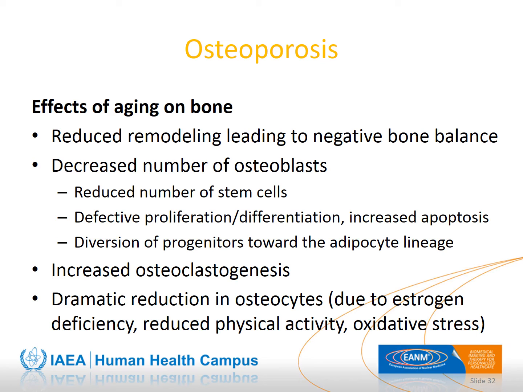In contrast, there is an increase in osteoclastogenesis, as we will see in the next slide. Finally, aging results in a dramatic reduction of osteocytes, in part due to estrogen deficiency, reduced physical activity, and increased oxidative stress.